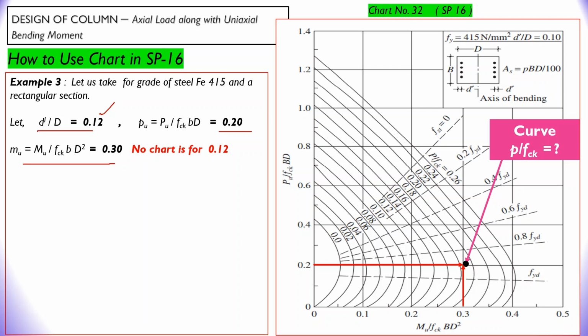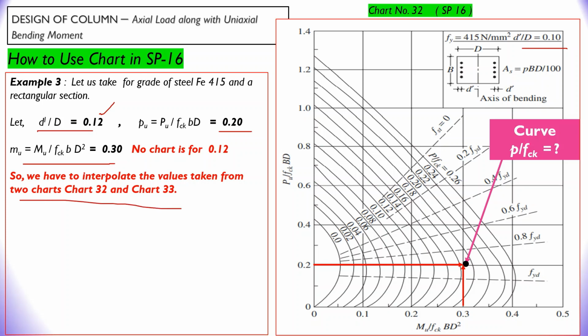So the intermediate value is not available. How to get the value? That is the point of concern. So how do we do this calculation? For this, we have to interpolate the value taken from two charts.